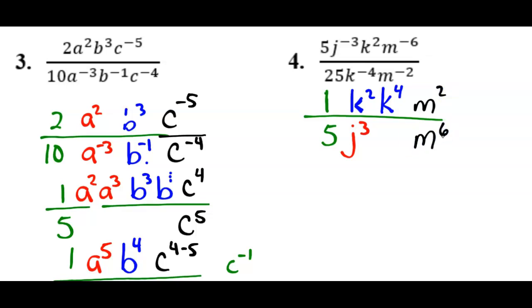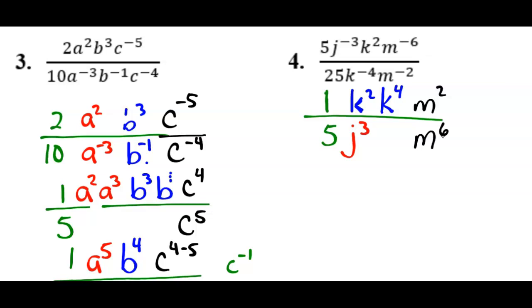Now, could you apply your rule here? Could you do 2 minus negative 4? You could, but make sure that you do that minus a negative and get 6. Could you do negative 6 minus negative 2 here? You could, but also make sure you don't lose any negatives.